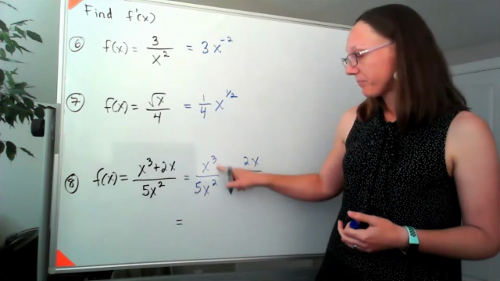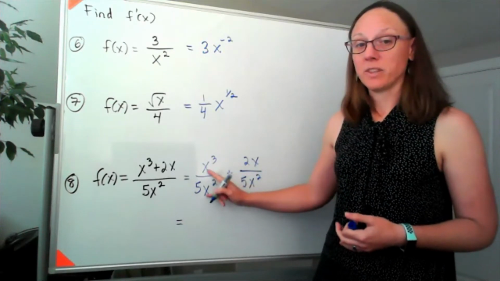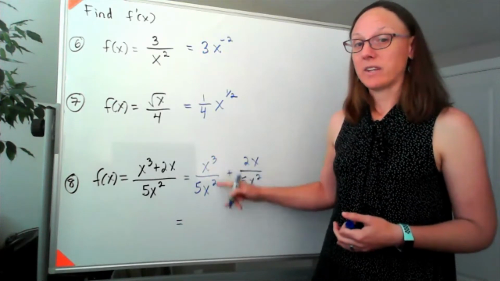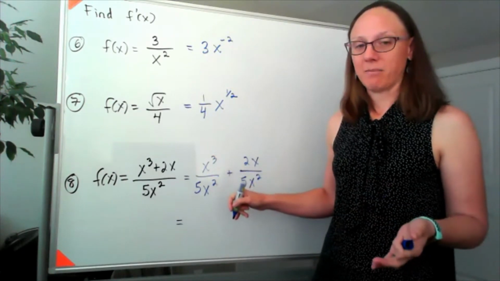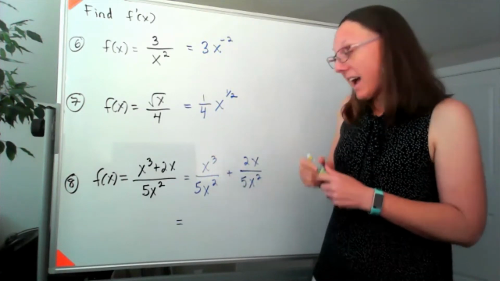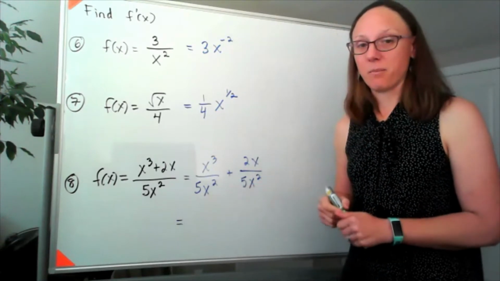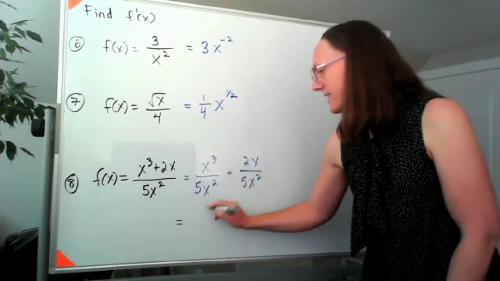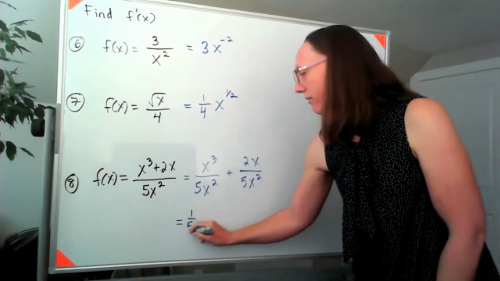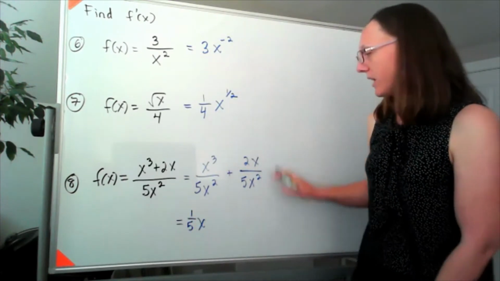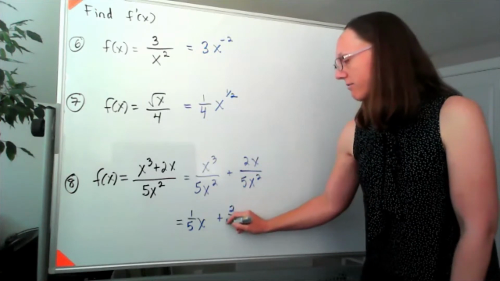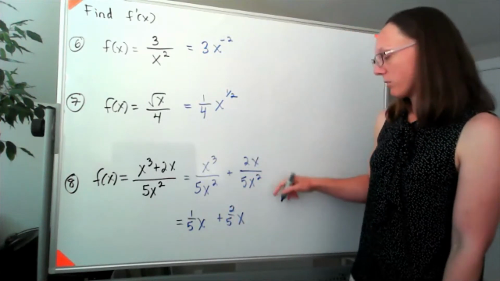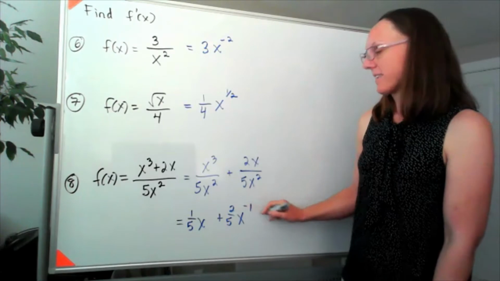So here, when I've got 2 things with the same base, I can subtract those exponents, and 3 minus 2 is going to leave me with an x to the 1. I also have that 5 in the denominator, which means this is going to be rewritten as 1/5 x. Here, I've got a 2/5 as a fraction, and when I simplify those exponents, I'm going to get x to the negative 1.